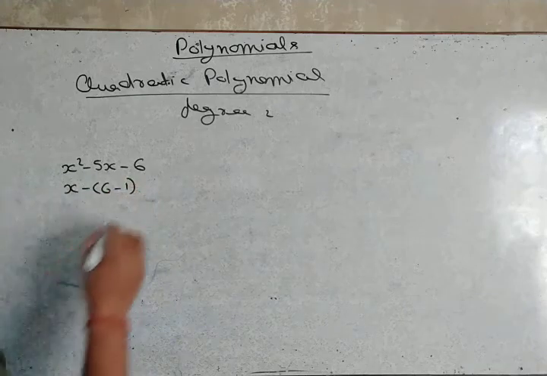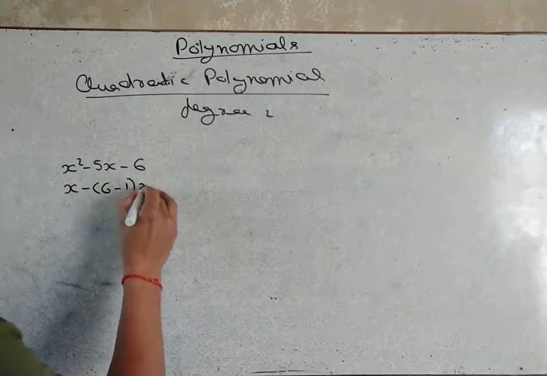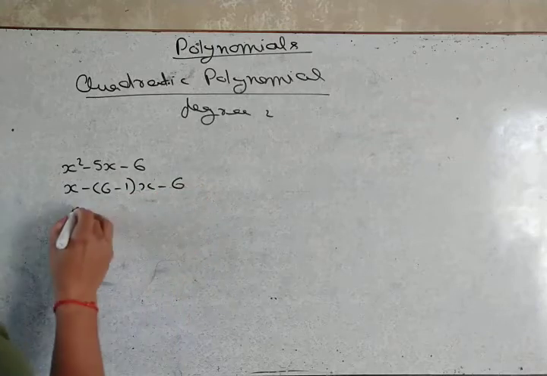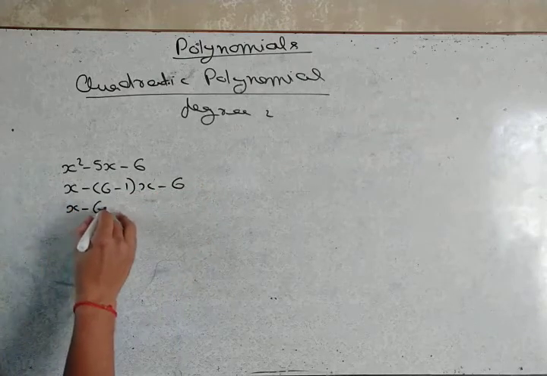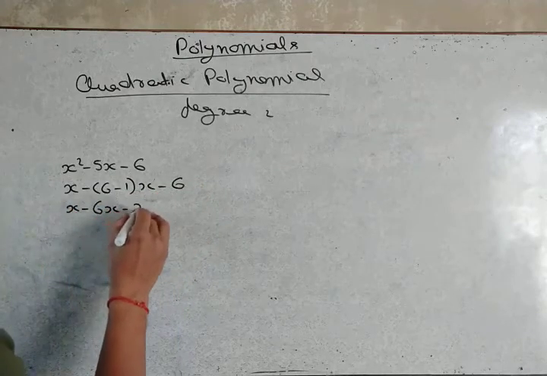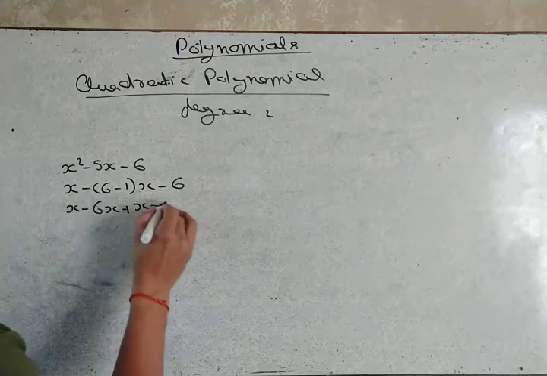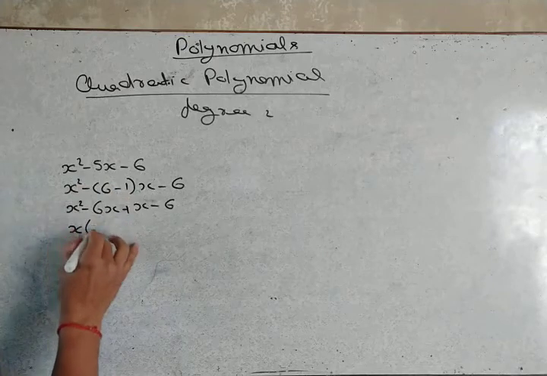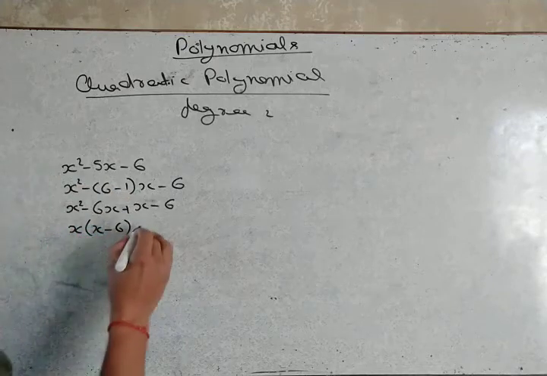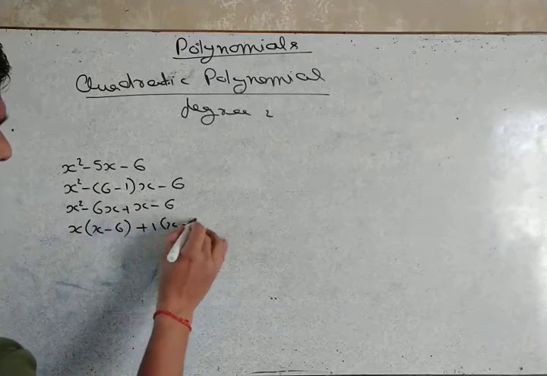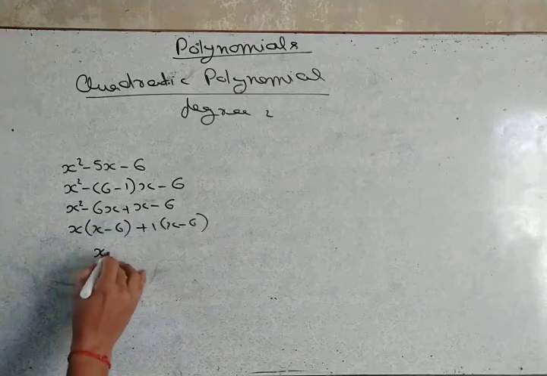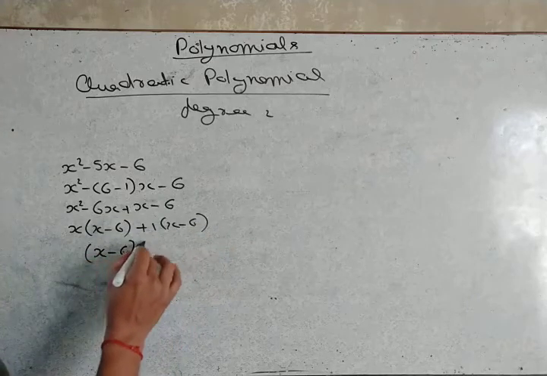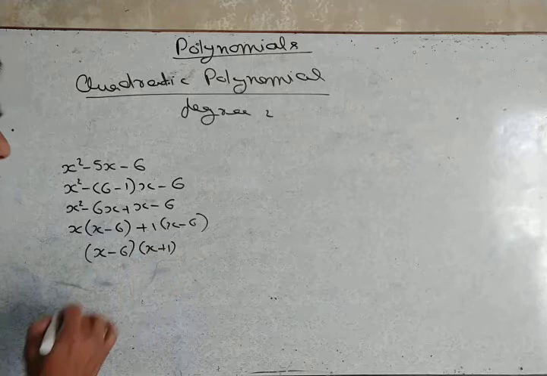If we find out its roots, its zeros, by middle term splitting, we come to know it is x minus 6 and x plus 1.